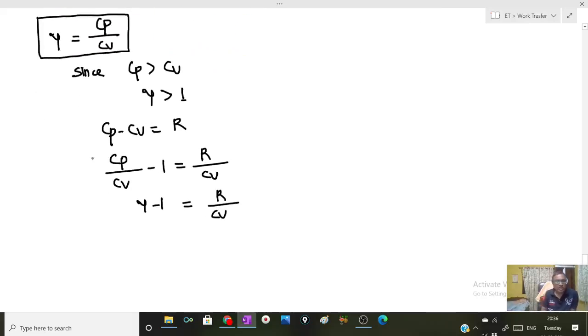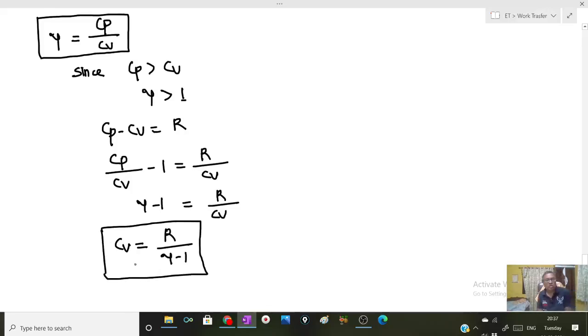So from here I can find out one more expression for Cv as R over (gamma minus 1). So I can also find out the value of Cv in terms of characteristic gas constant R and adiabatic index gamma.